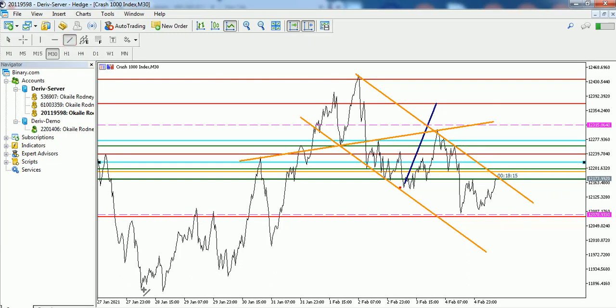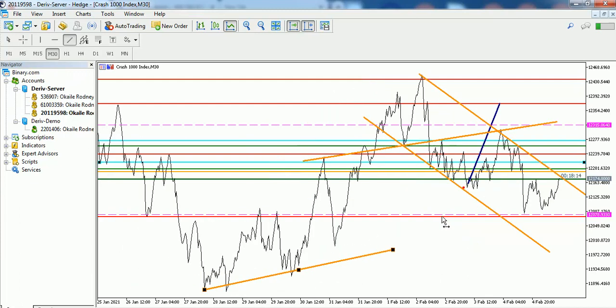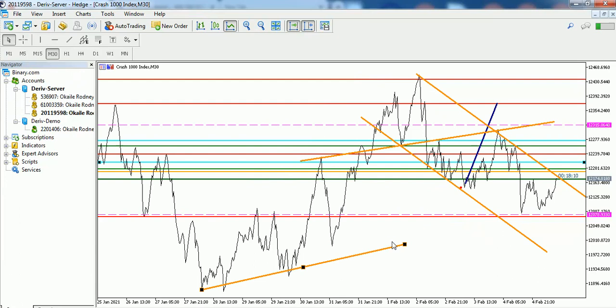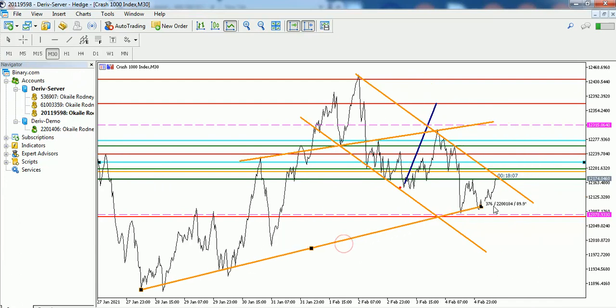I'm gonna start right there, and then go up to this point right here. Then I'm gonna fix this so that it touches most of the points. See, the market respected it here, and also here. So now we have those trend lines right there.